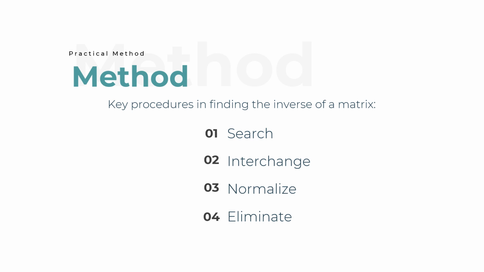This is only necessary so that the pivot point is located in the diagonal. Third is normalize, by dividing all elements of the maximum pivot row by the value of the maximum pivot. Fourth, eliminate by making the elements of the pivot column, except for the pivot, equal to 0. Remember that we can repeat and skip some of these steps or procedures in finding the inverse of a matrix.